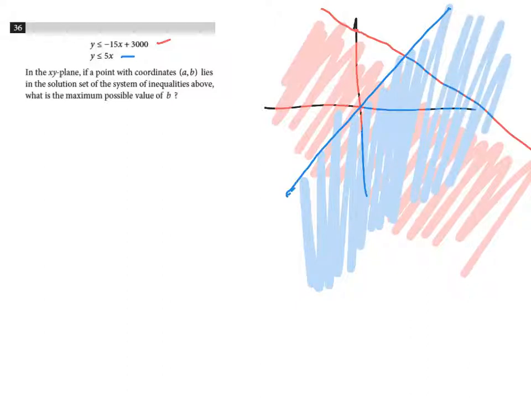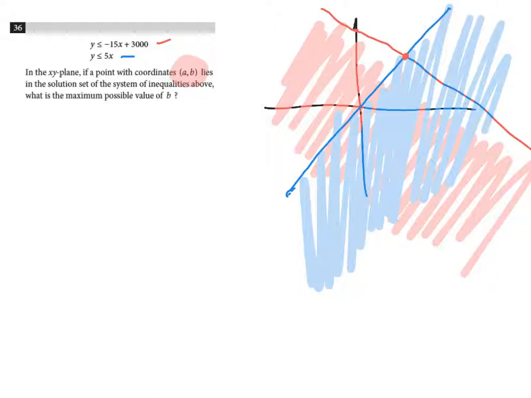And we're looking for the maximum possible value of b, which is going to be our y value at our solution. Well, the maximum y value is going to be right here at the intersection of those two lines.